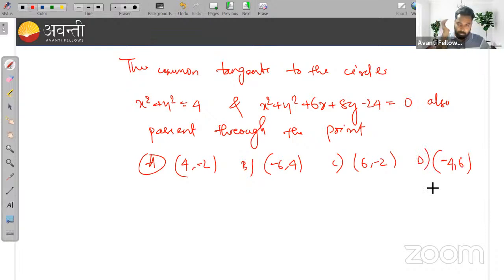Try to find the point: the common tangent to both the circles also passes through which of the following points? Okay, so take this question as your homework.